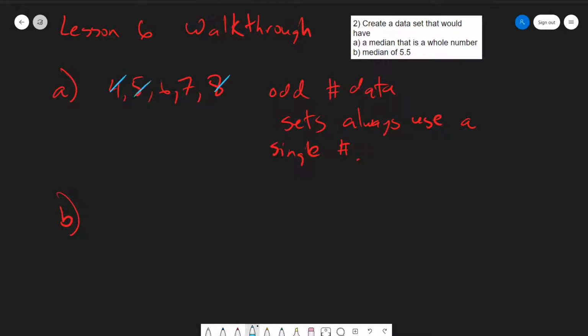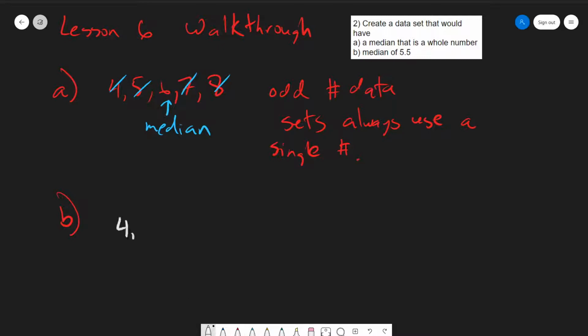Then I could say that the median is this number in the middle, which is a whole number. If I wanted to make that into a median of 5.5, well, it's 6 right now, but I want to make it 5.5. So if I have a 6, how do I average it out into a 5.5? Well, I want to average it with a 5.